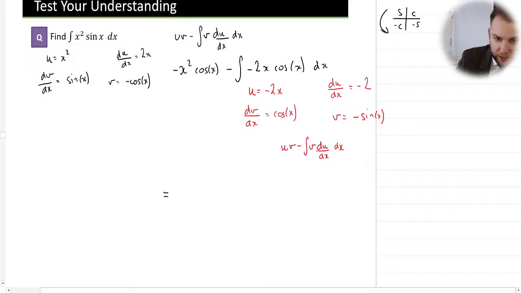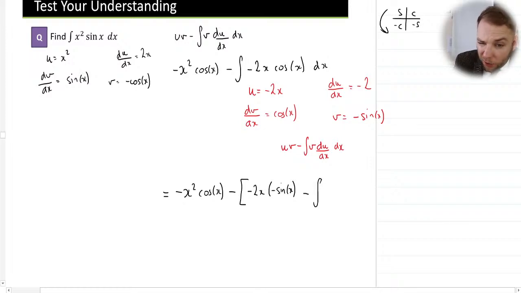So this is all equal to minus x squared cos of x minus big bracket uv, which is going to be minus 2x times v, which is minus sine of x, minus the integral of v, which is minus 2 times minus sine of x with respect to x, like so.